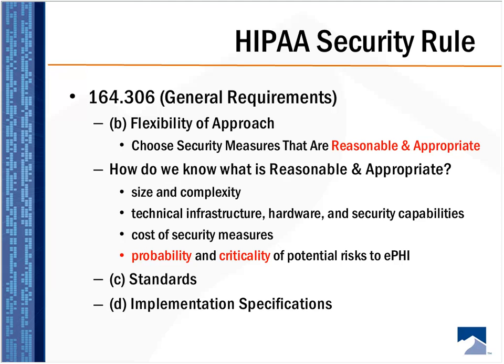The choice of the controls or the security safeguards that we make, how we choose them, are subject to reasonableness and appropriateness. So if we're a small covered entity and we have an IT staff of 1 or 2, and most of our EPHI is contained in one primary system, then we may do our risk assessment and begin to select safeguards that are reasonable and appropriate to our size and our scale.